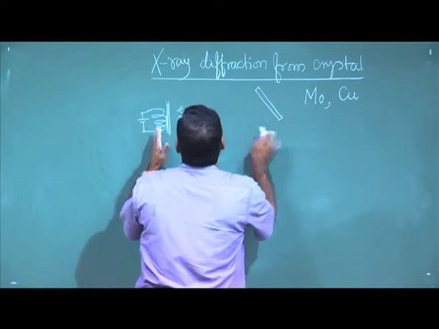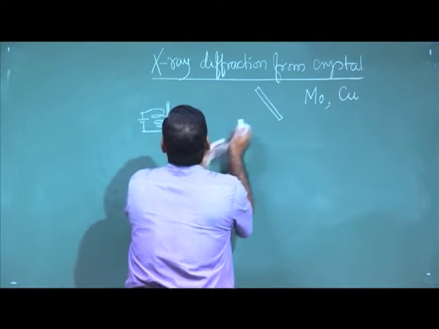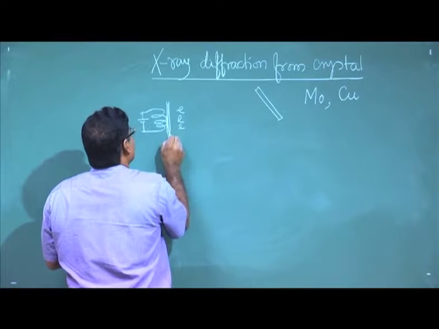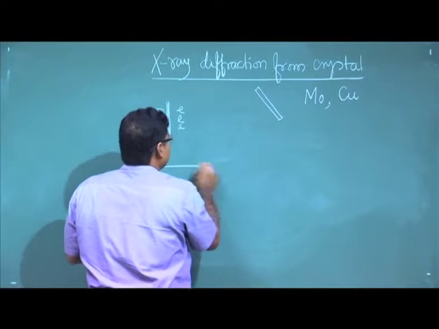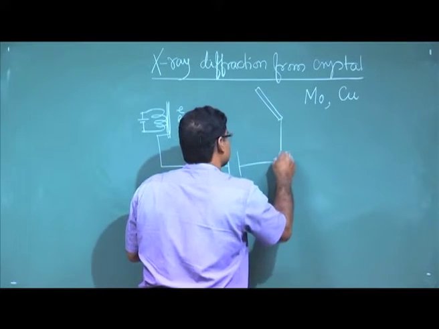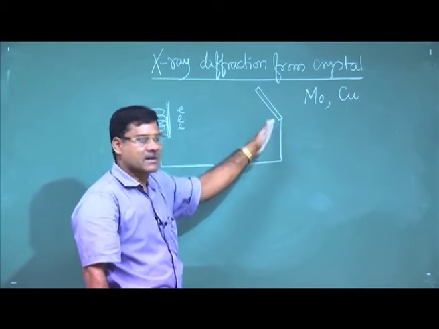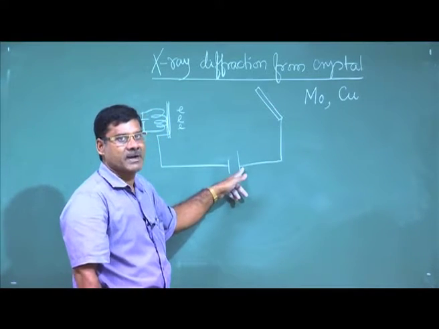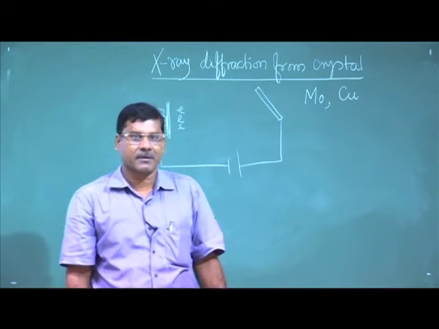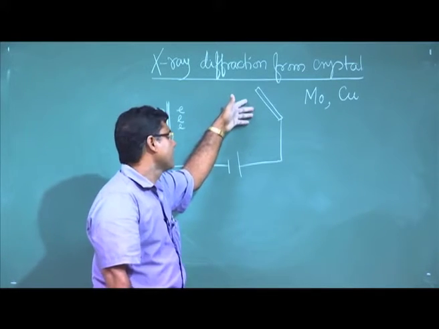That means to accelerate the electron, we have to apply a voltage difference between these two, right. So, this anode is connected with the positive terminal of the battery and the other one is the negative terminal. So, the electron will accelerate and hit the target.